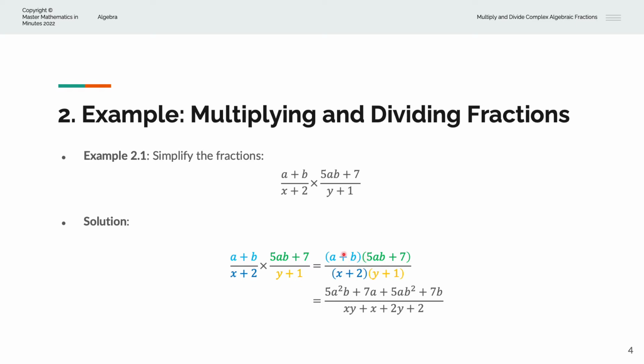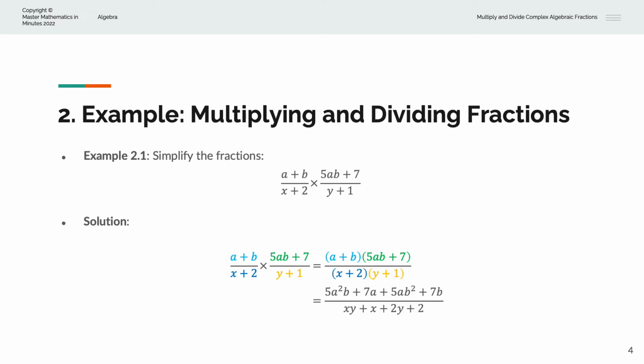For the numerator, a multiplied by 5ab gives us 5a squared b, a multiplied by 7 gives us 7a, b multiplied by 5ab gives us 5ab squared, and b multiplied by 7 gives us 7b. We'll expand the denominator as well. x multiplied by y is xy, x multiplied by 1 is x, 2 multiplied by y is 2y, and 2 multiplied by 1 is 2.